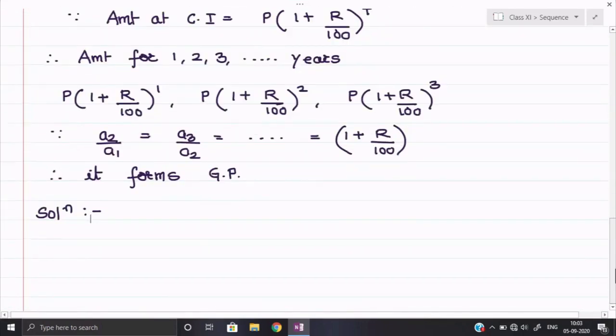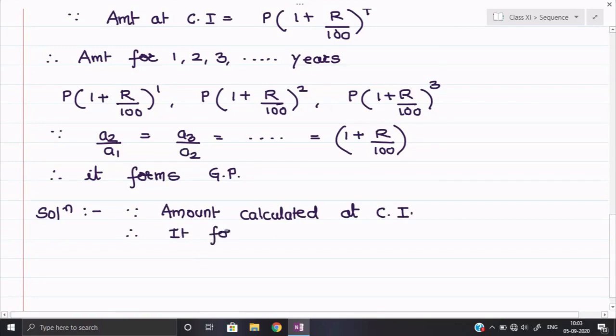Now here first we shall write down, since amount calculated at compound interest, therefore it forms a GP.